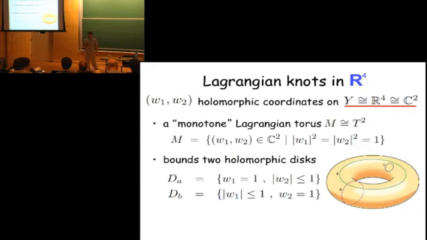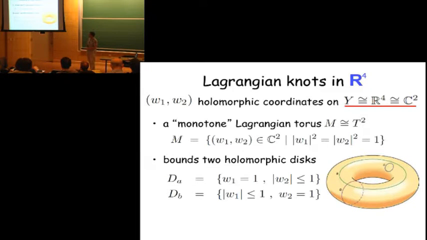One useful property of this torus, which will be useful to us later, is that it bounds two holomorphic disks in this four-dimensional space. When you think about knottedness and which manifolds are related to each other and which are not, it's very useful to resort to Gromov's theorem and think how many non-trivial holomorphic disks can be bounded by this Lagrangian. In this case, there are obviously two, and here are explicit formulas, the examples, and it's actually very easy to see from the definition.